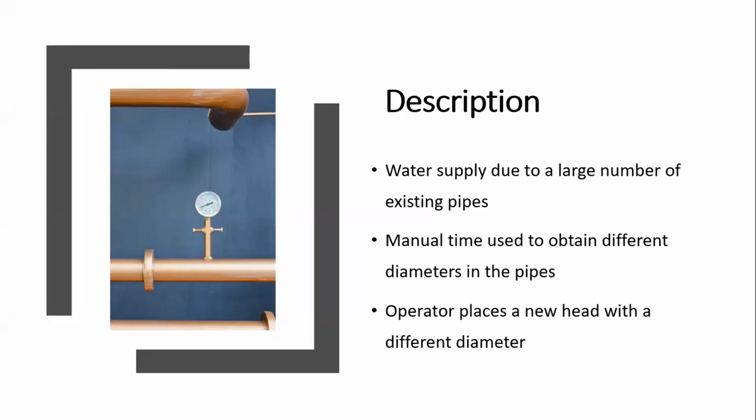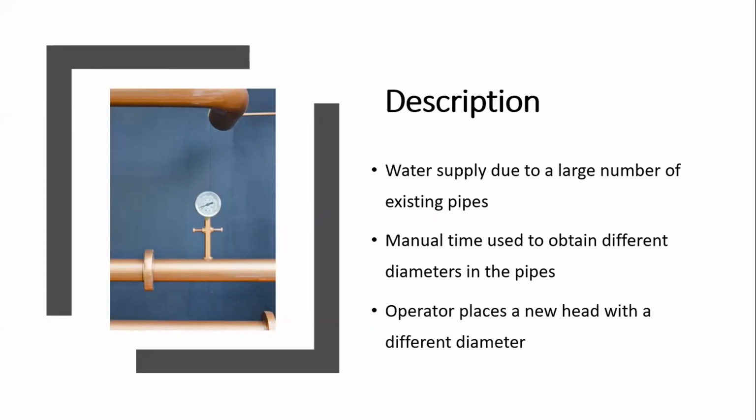We know that we have a water supply due to a large number of existing pipes in our world. It's necessary for companies, small, medium, or large, to have these products to connect pipes for warehouses or buildings.